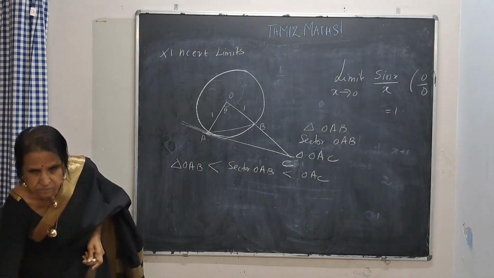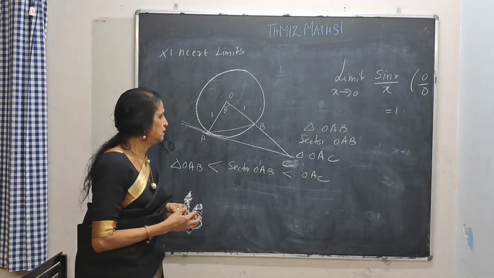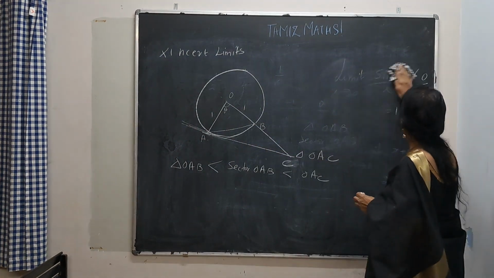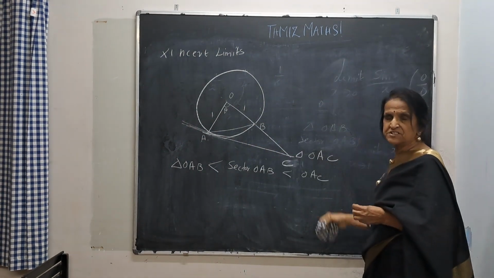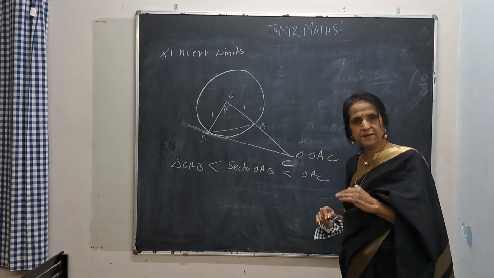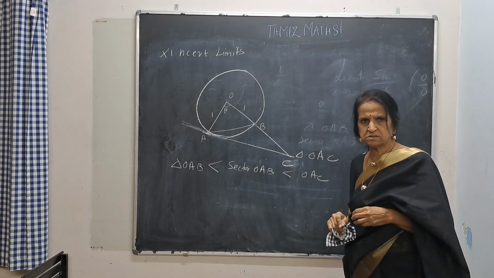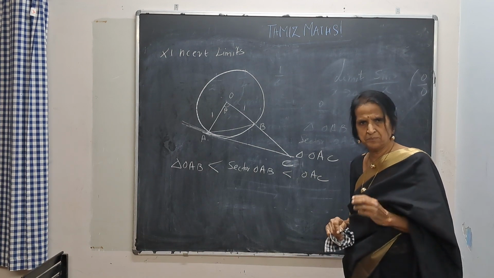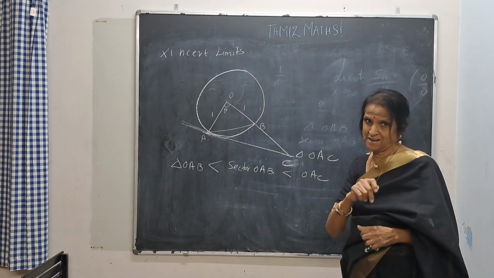Fine. Now, I always prefer to give the formulas I use, and I have a small suggestion. When you work this, all the formulas you are using in this, revise them and make yourself a master in that.